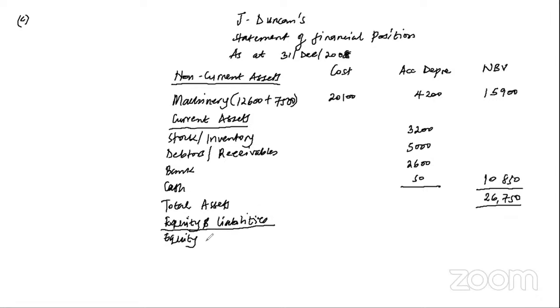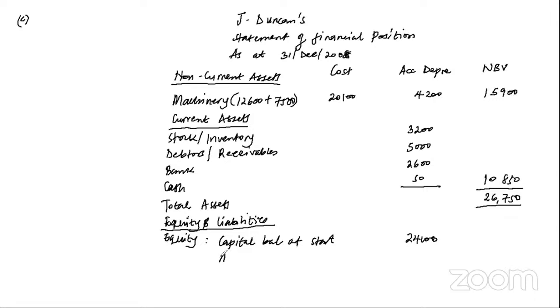Under equity, of course, we have our capital balance at the start. Remember, I will start from your statement of changes in equity, from your statement of affairs, which we prepared initially. That was 24,100. That was our opening capital from Part A.